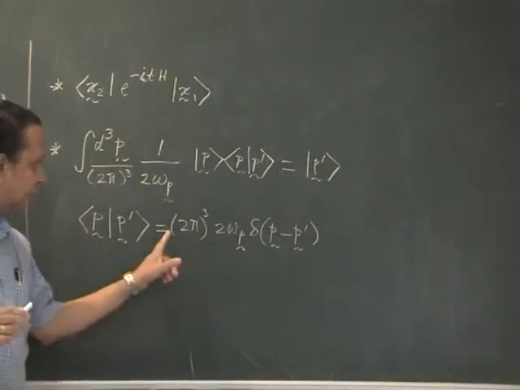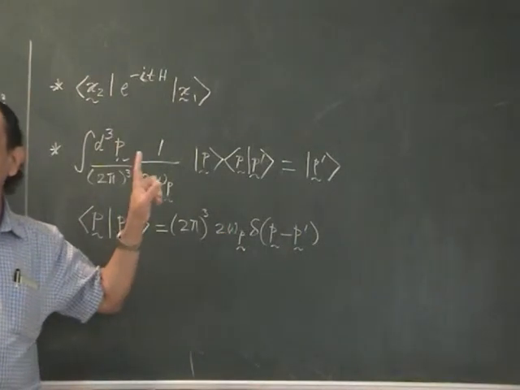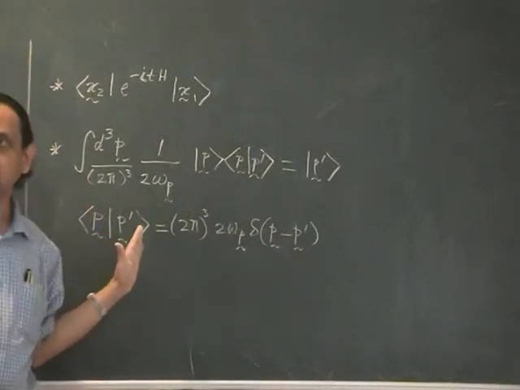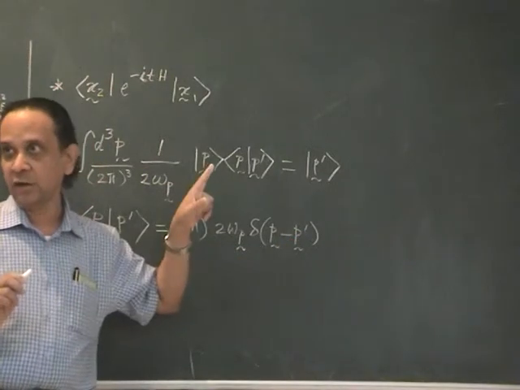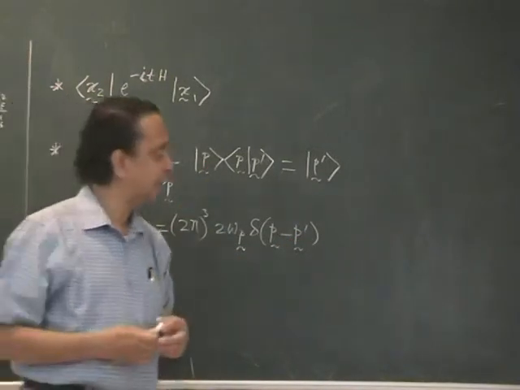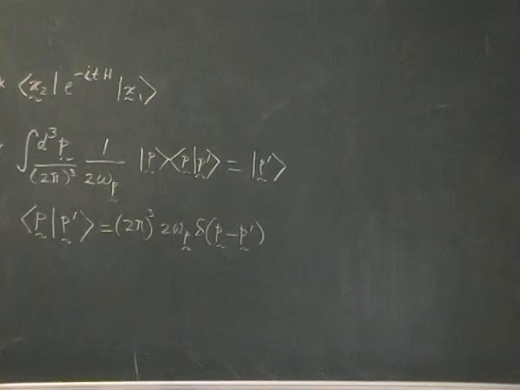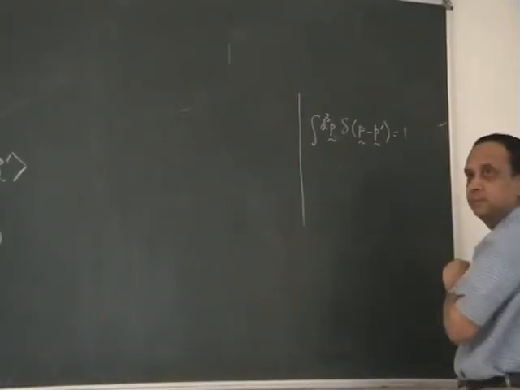Okay? This is the new feature, but this should not surprise you, because you want a Lorentz invariant normalization on the right hand side. This is the orthonormality condition for that. It has to be Lorentz invariant. The delta function by itself is not Lorentz invariant. You need to have this. That you can see by writing down this relation. See, the integral d3p with a delta function of p minus p prime by definition is going to be 1.